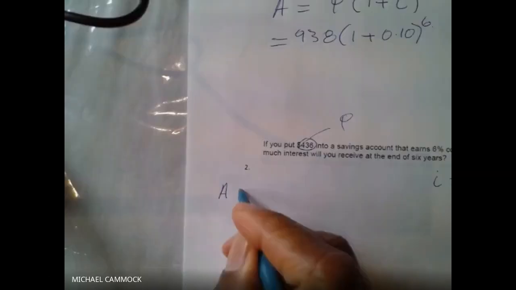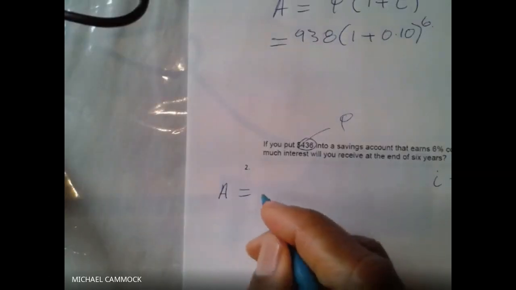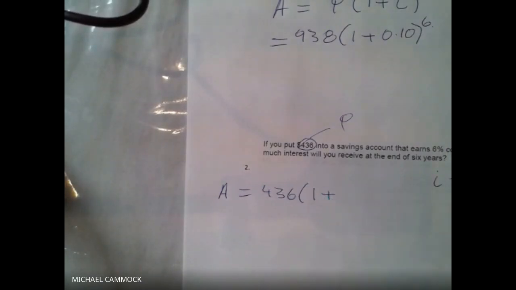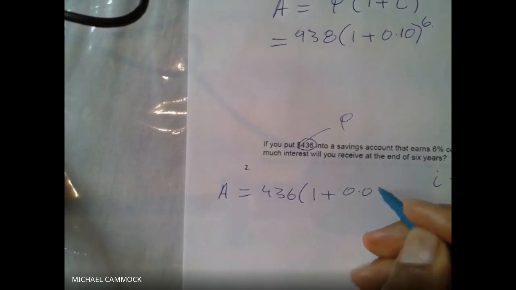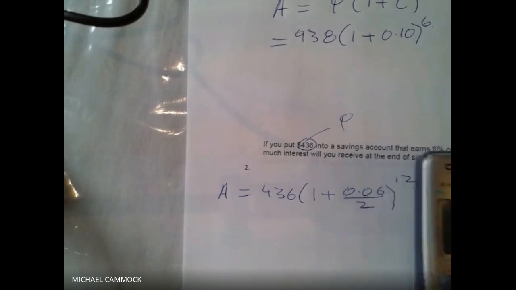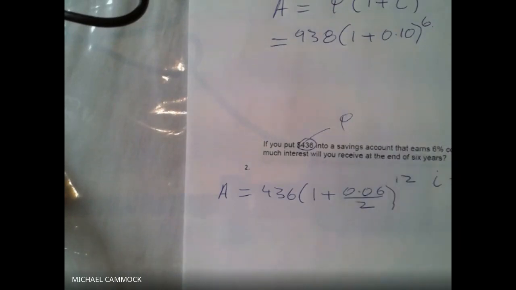So my amount is equal to the 436 multiplied by 1 plus 0.06 divided by 2, exactly what I have over here. But I'm going to raise that now to the power of 12. So the principal, 1 plus 0.06 divided by 2, to the power of 12. So I'm going to put that on my calculator again. I know the calculator isn't showing up very well on the screen.